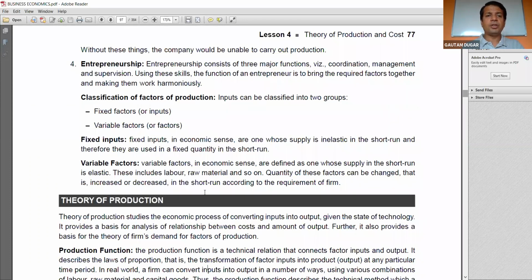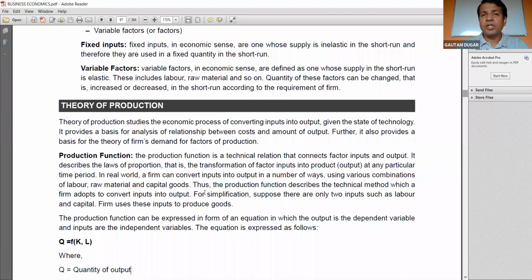Coming to the theory of production and the production function. We know what the production function is. Production function shows the functional relationship between inputs and outputs. Rather, it shows the maximum output that can be produced with a given quantity of inputs, or vice versa, the minimum quantity of inputs required in order to get a given level of output.